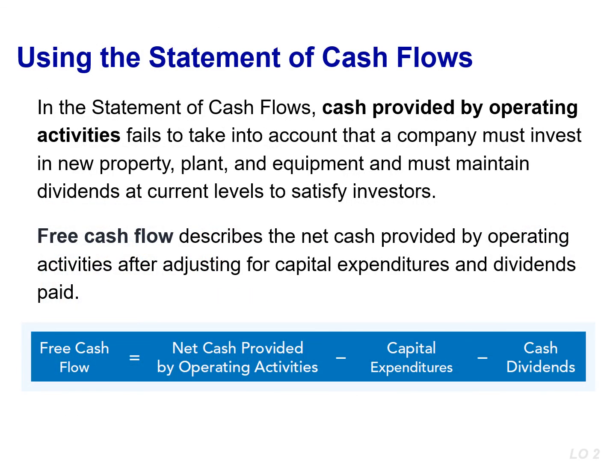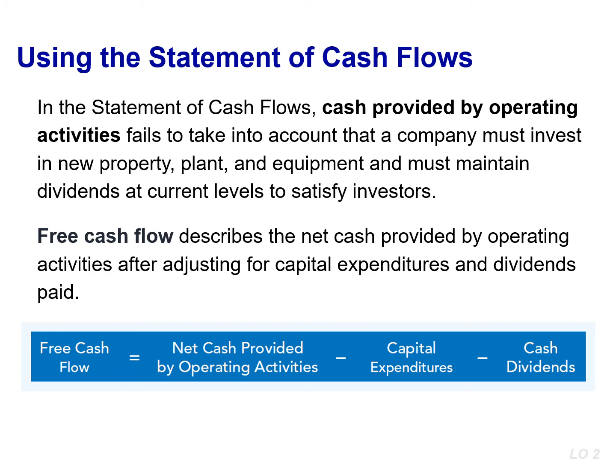In the statement of cash flows, net cash provided by operating activities is intended to indicate the cash-generating capability of the company. Most analysts, when they look at the statement of cash flows, look at that net cash provided by operating activities to see if the company is generating enough cash by its operations alone.